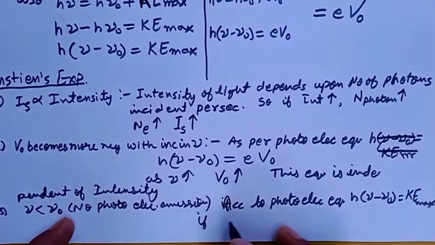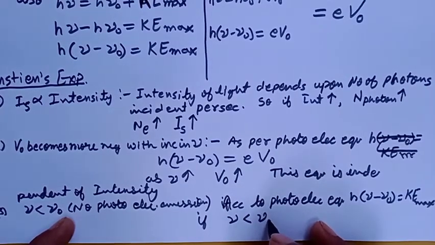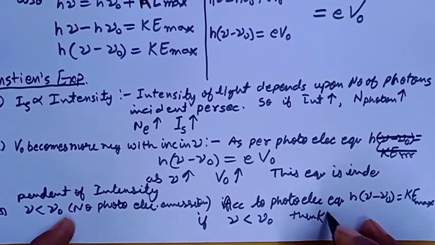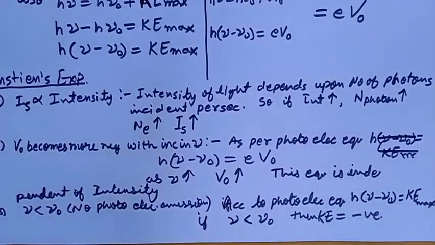So if nu is less than nu naught, then kinetic energy will become negative, which is not possible. That is why electron emission only takes place when frequency is above threshold frequency.